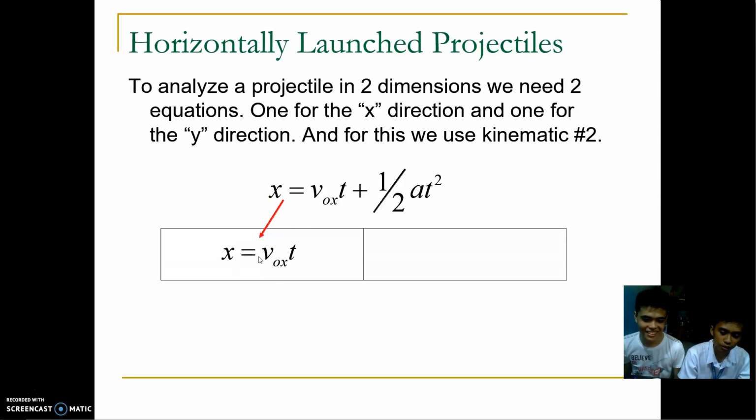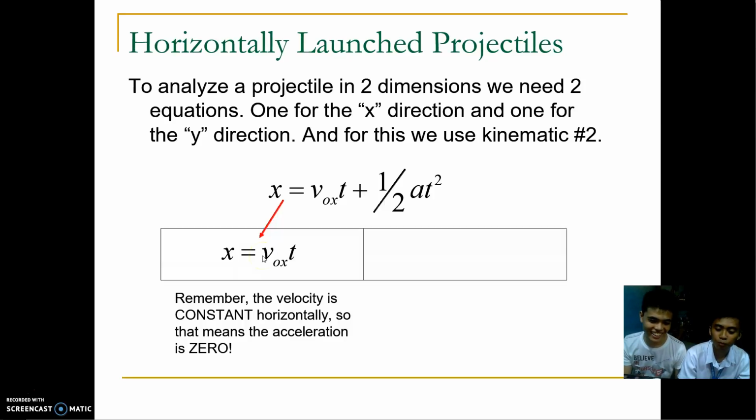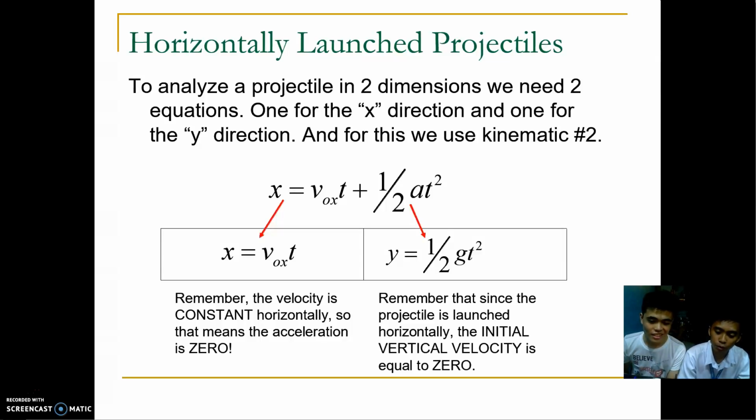So x is equal to horizontal velocity times time. Remember, the velocity is constant horizontally, so that means the acceleration is 0. y is equal to 1/2 times gravity times time squared. Remember that since the projectile is launched horizontally, the initial vertical velocity is equal to 0.